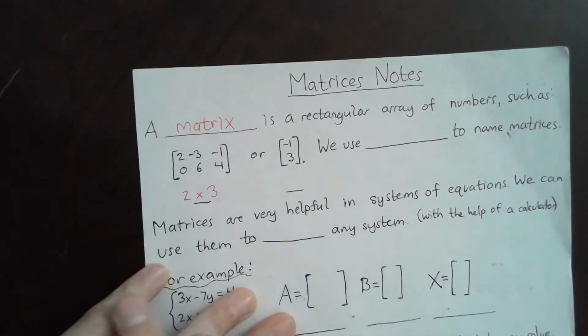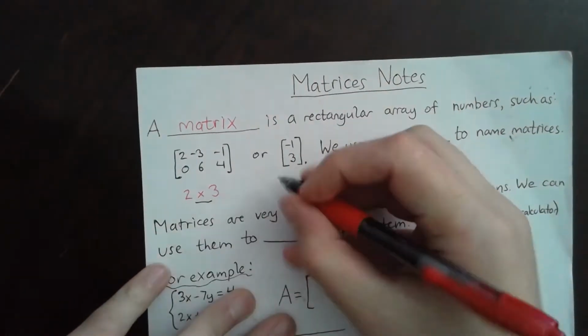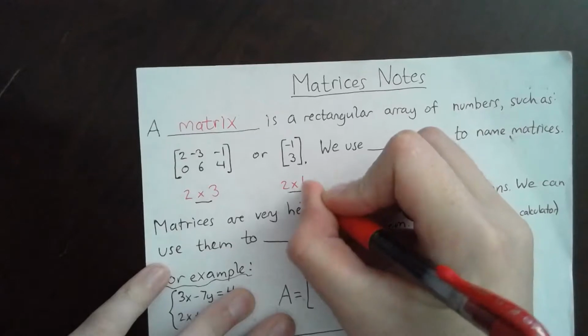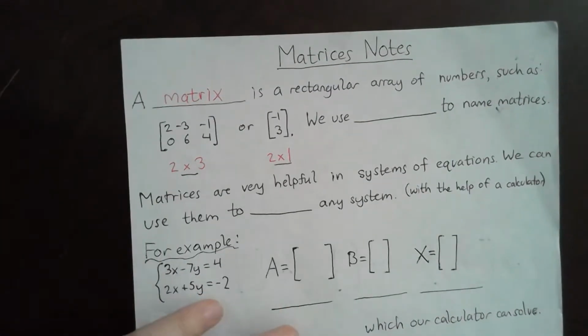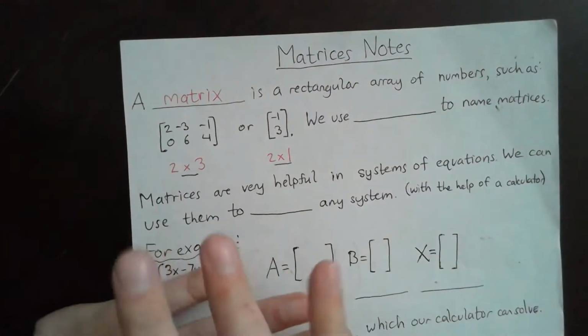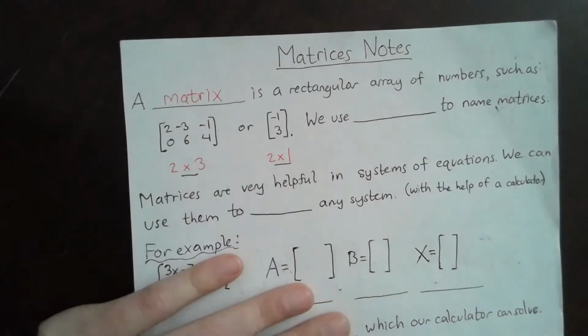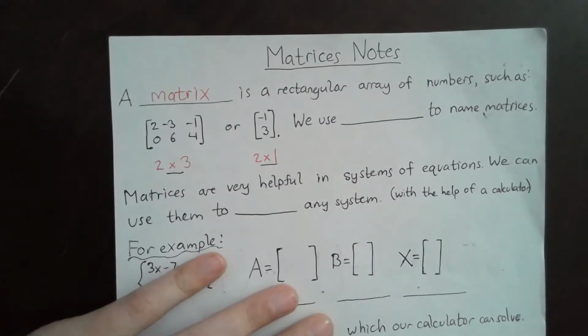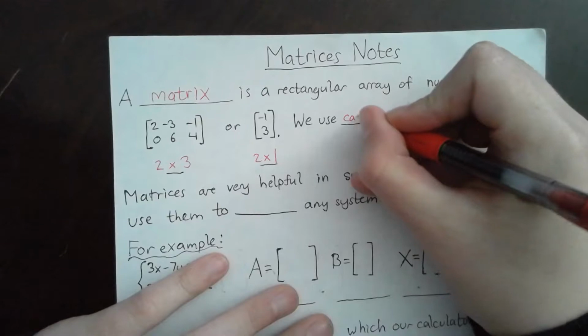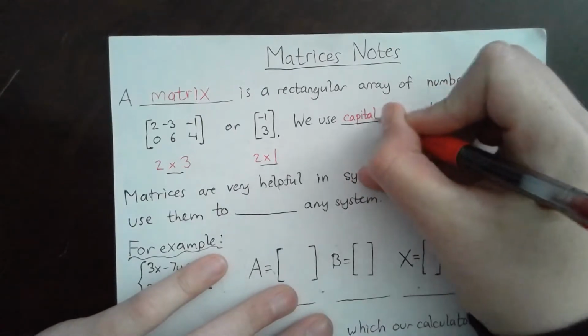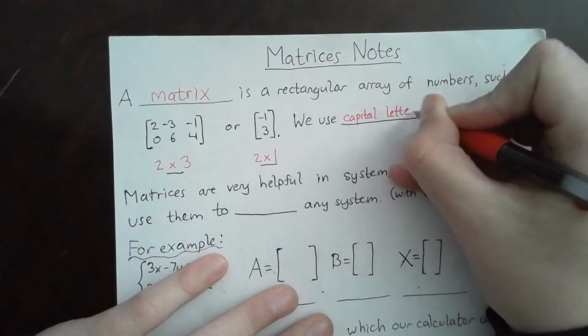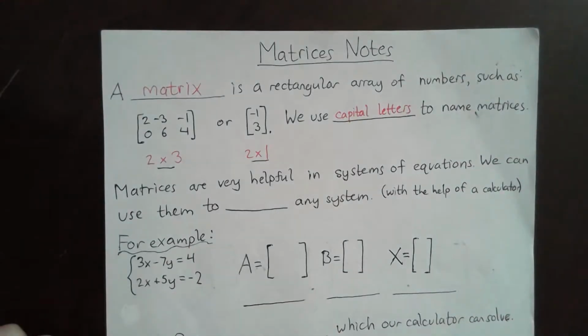This one has 2 rows and 1 column, so we would write that 2 by 1. That's just a little background, not super important, but if that ever shows up, you at least know what they're talking about. We use capital letters to name matrices.